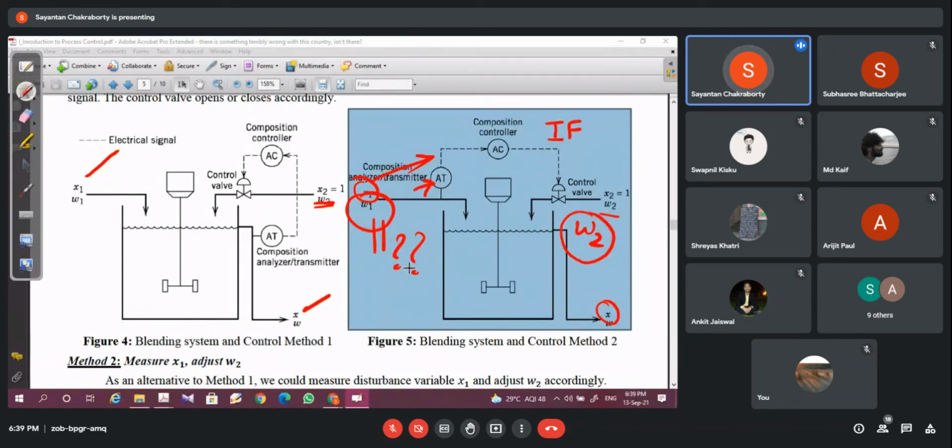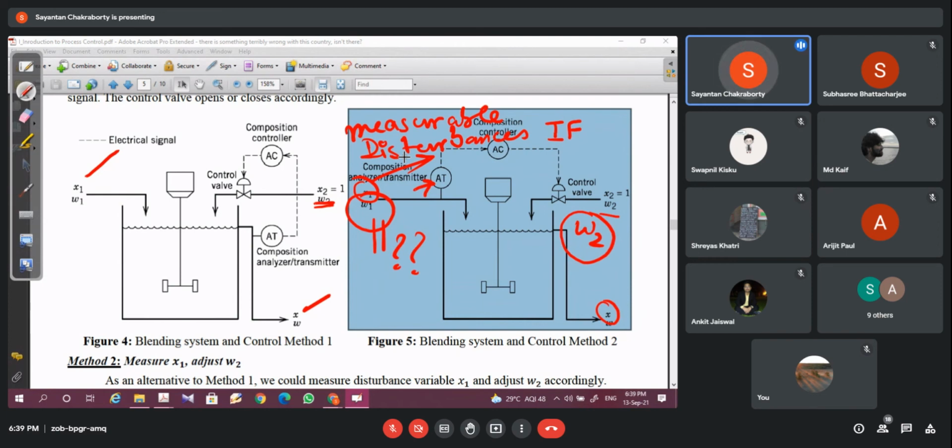The output concentration of A will be completely different from the desired value because no corrective action is taken. So the limitation of feed-forward control is that feed-forward control is only applicable for measurable disturbances, the disturbances that you can measure.